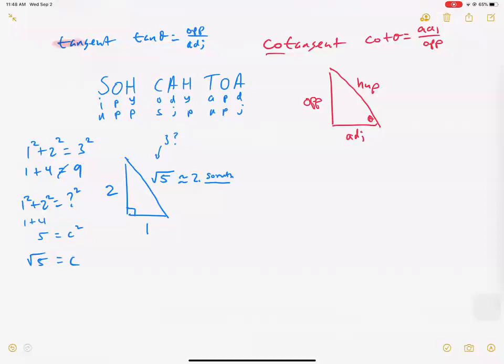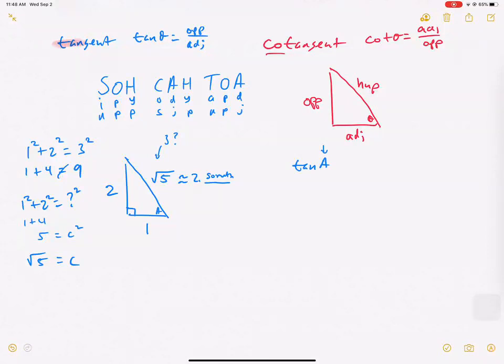Now, I want us to write, what is the tangent of angle A? Let me call this A. Again, these are always going to be the acute angles of these triangles.